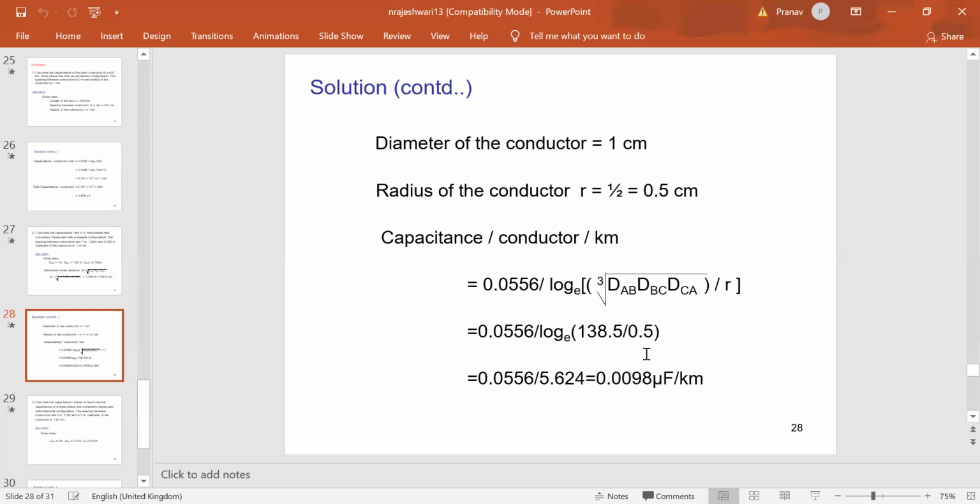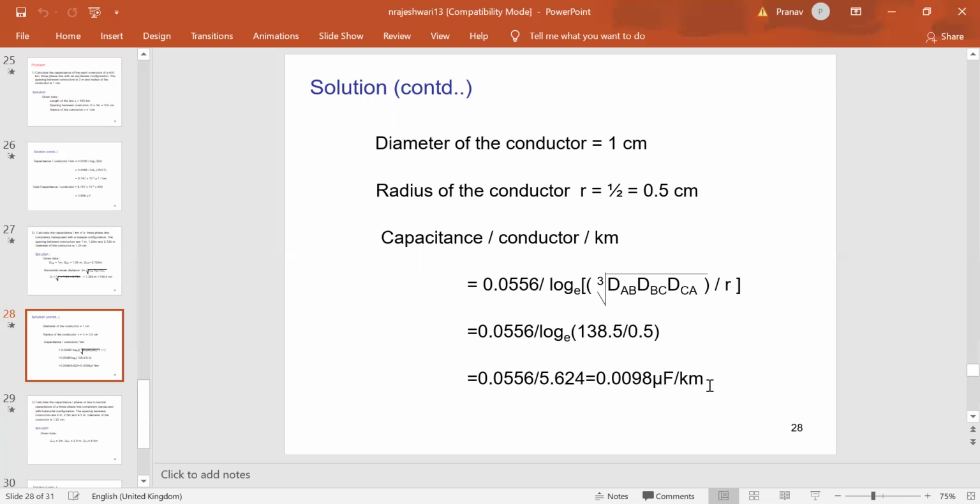By simplifying this, we will get the value as 5.624, and 0.0556 divided by 5.624 gives 0.0098 microfarads per kilometer, which is the capacitance of the conductor per kilometer.